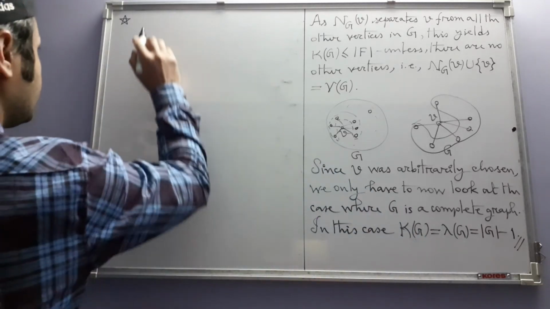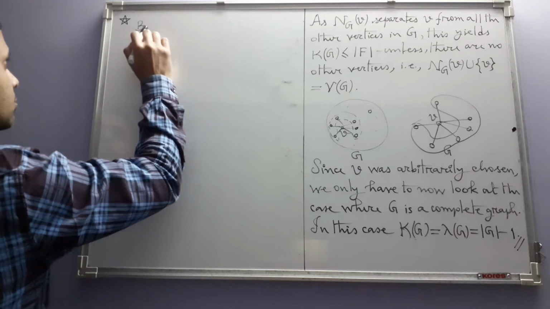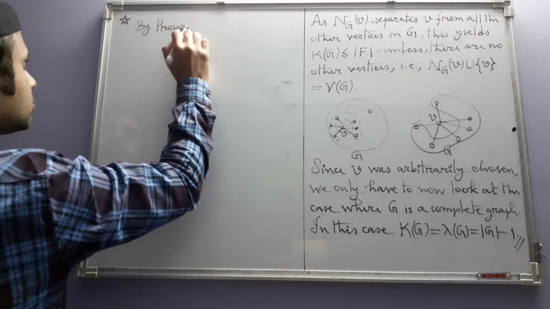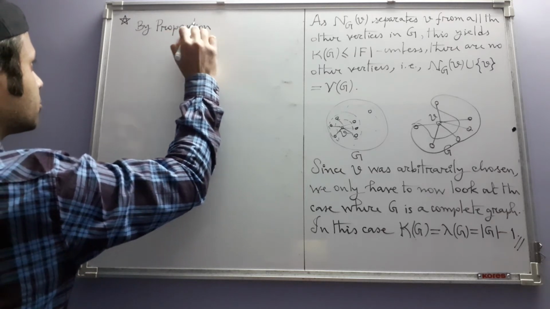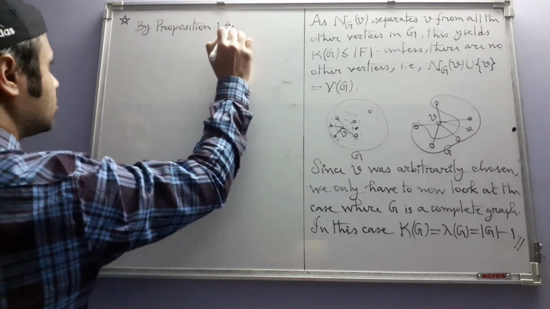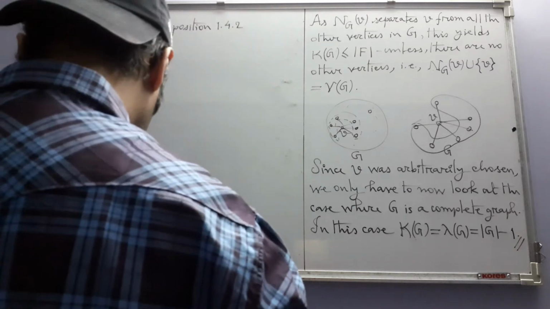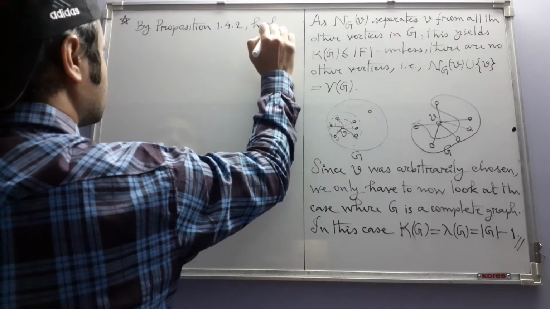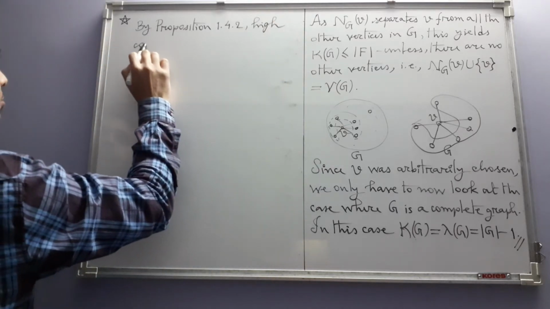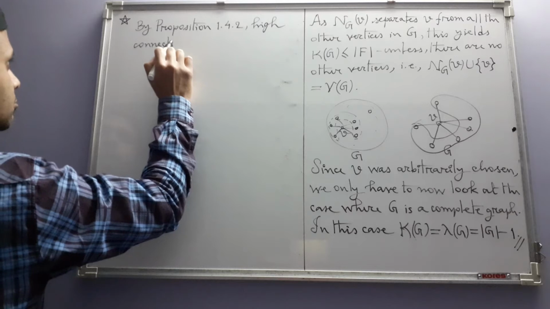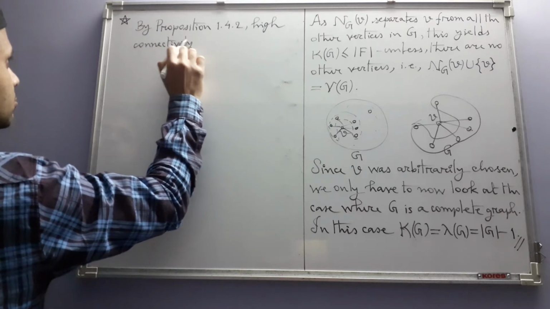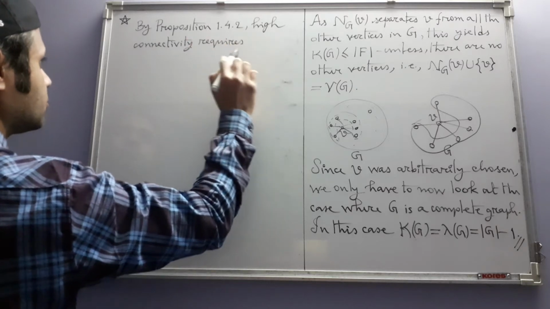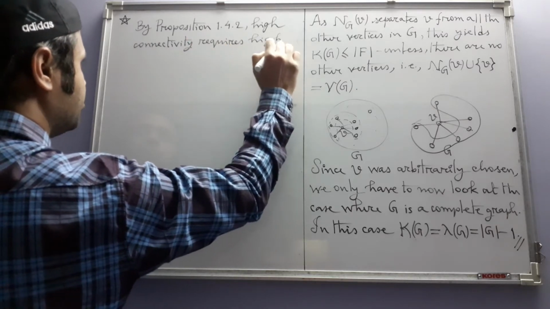Anyway, by proposition 142, high connectivity requires high minimum degree.